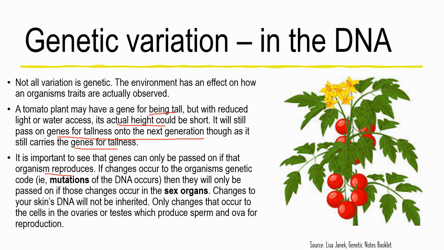If changes occur to the organism's genetic code, i.e. mutations, then they will only be passed on if these occur in the sex organs. Okay, so if you get mutations during meiosis and it affects the gametes, then you get the DNA to pass on. Changes to your skin's DNA will not be inherited. Only changes that occur to the cells in the ovaries or testes, which produce sperm and ova for reproduction.